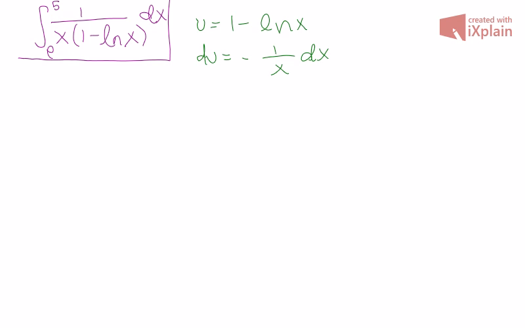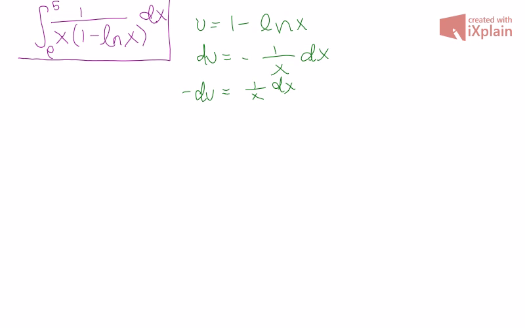Now to get that so that it looks like this, we're going to move the negative over. So then we get negative du equals 1 over x dx.